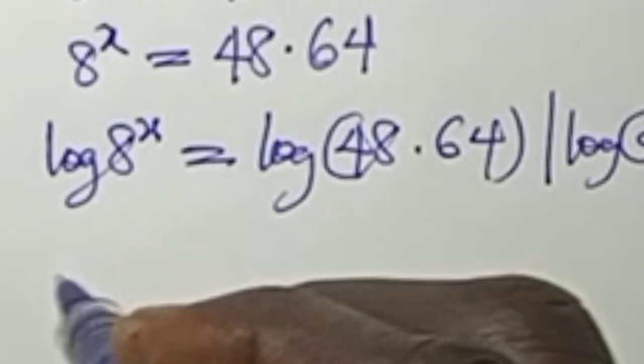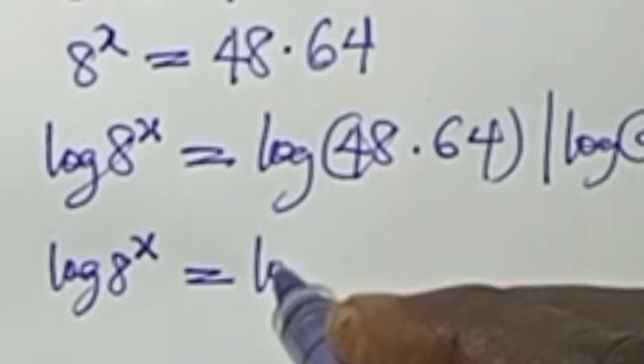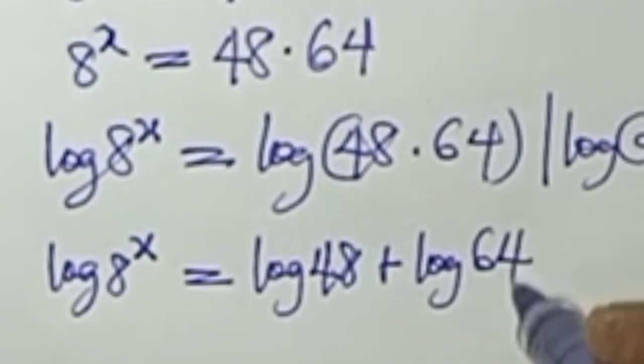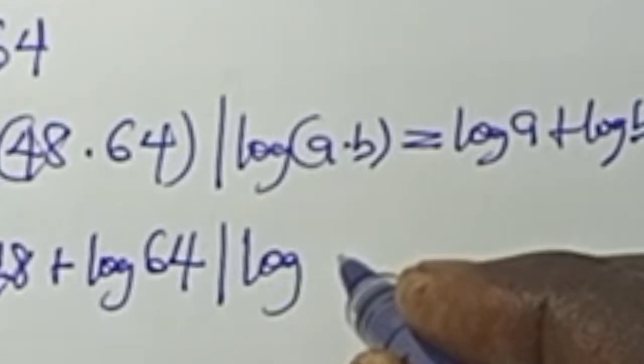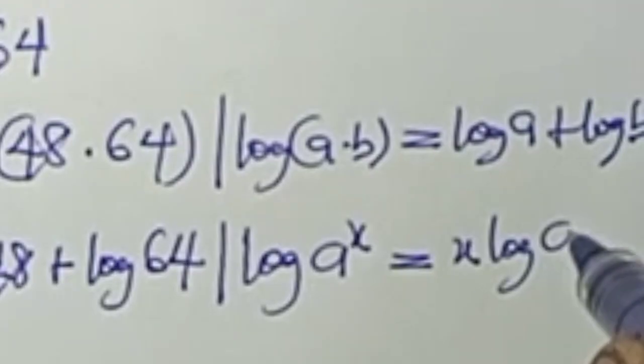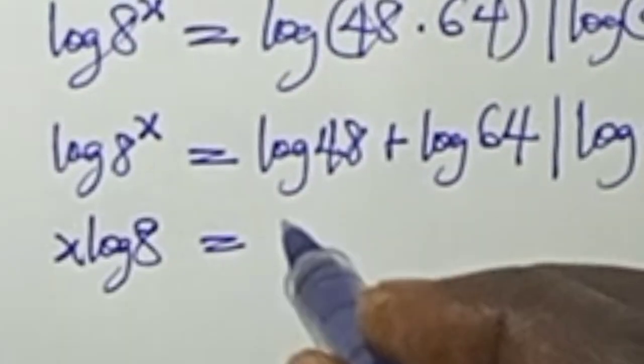So the next line becomes log 8 to the power of x is equal to log 48 plus log 64. But log a to the power of x is x log a. So the power comes down to multiply the log, and the next line becomes x log 8 is equal to log 48 plus log 64.